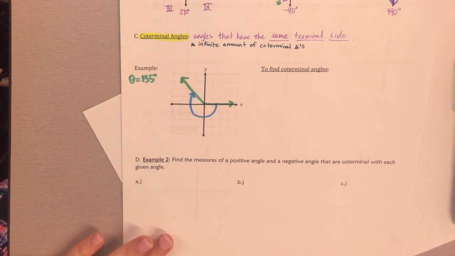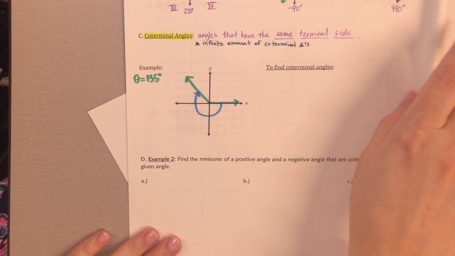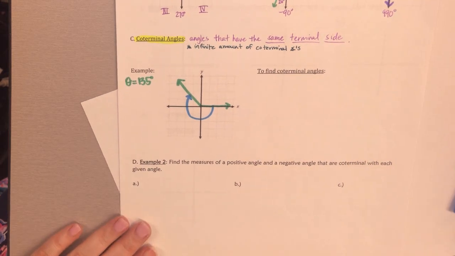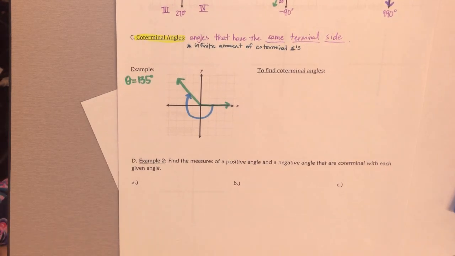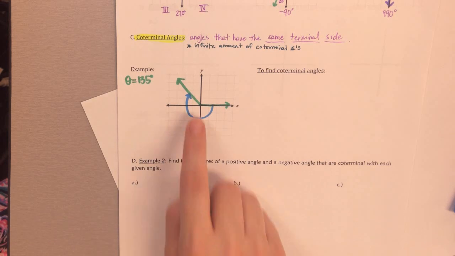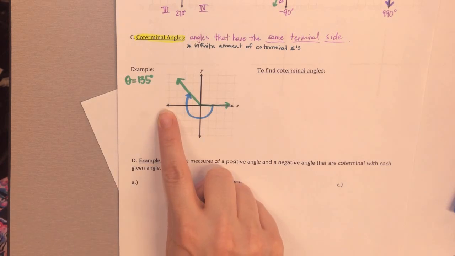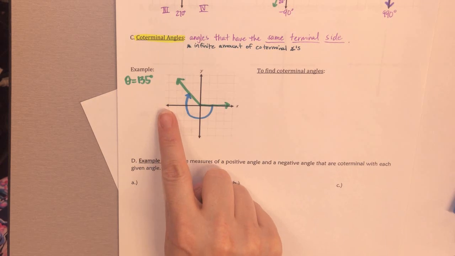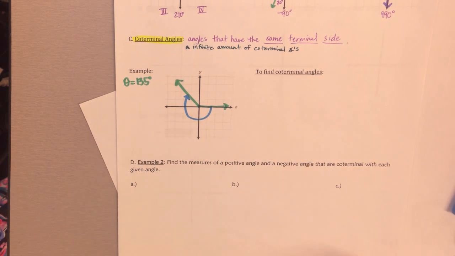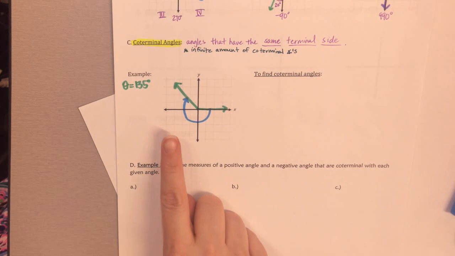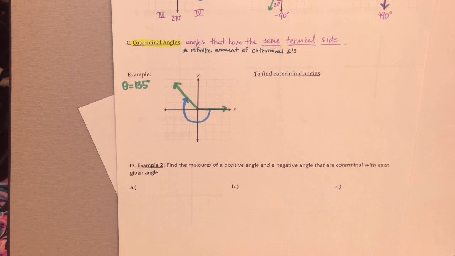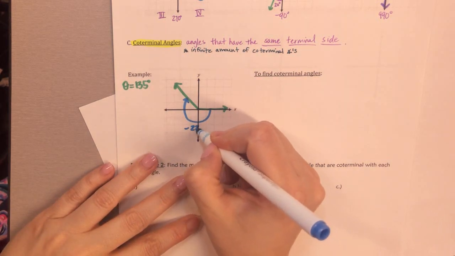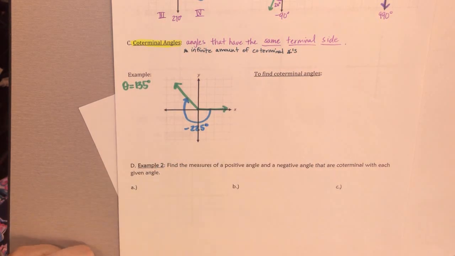Yeah, it would be negative. Negative 200 and, no, because this is 180, right? And if this is 45, it would be negative 225, right? So that's how you can find the negative angle. A coterminal angle is going to be negative 225.